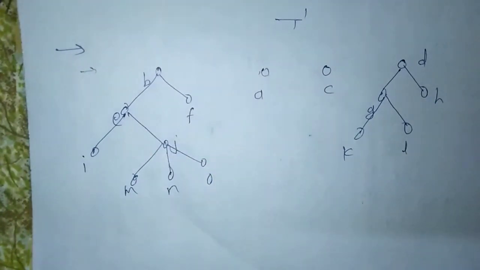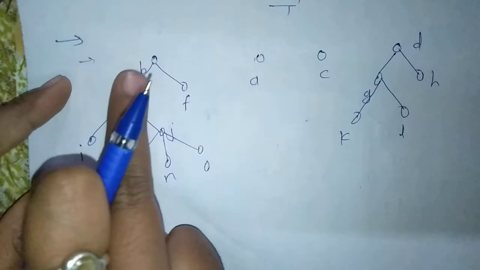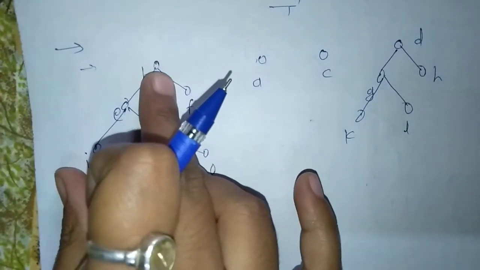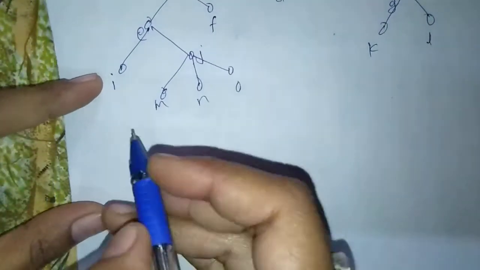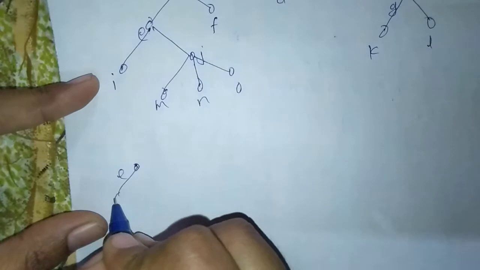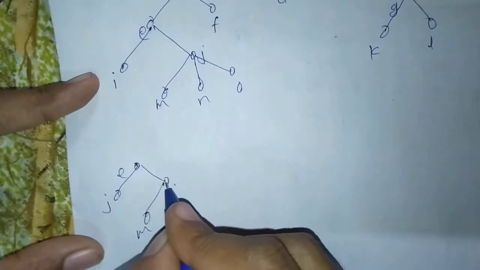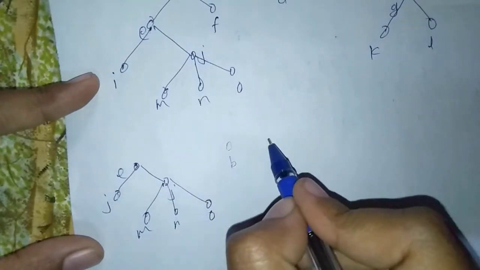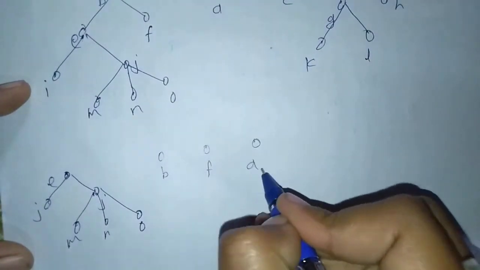So for the inorder traversal, take first this subtree, this is another subtree of this ordered rooted tree. So first take this subtree, then followed by root B and then followed by the second subtree. So first take E, I, J, M, N, O. Next root, next subtree F, A, C as it is.